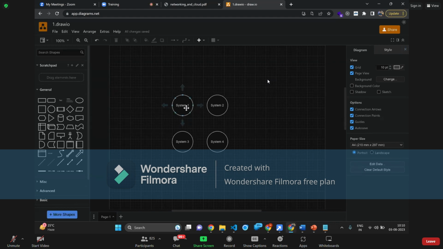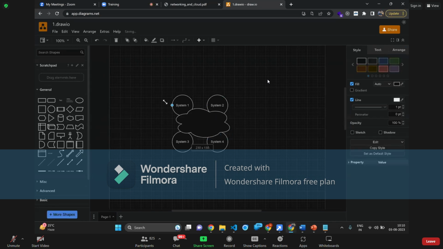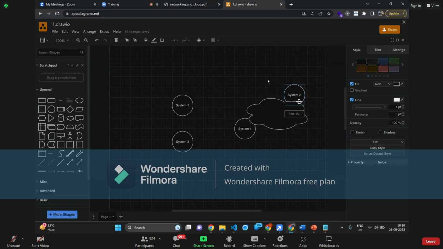Now these systems, if you remember, are connected on the same network. Imagine everyone on the same network.